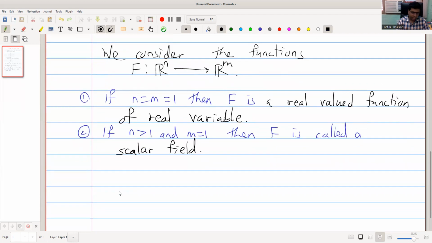Third case, if m greater than 1, then we call this a vector field.